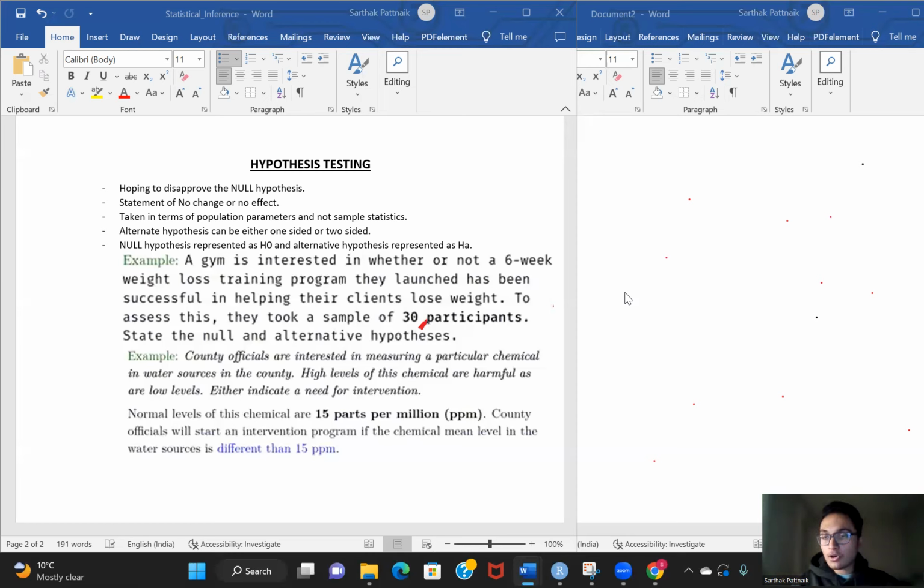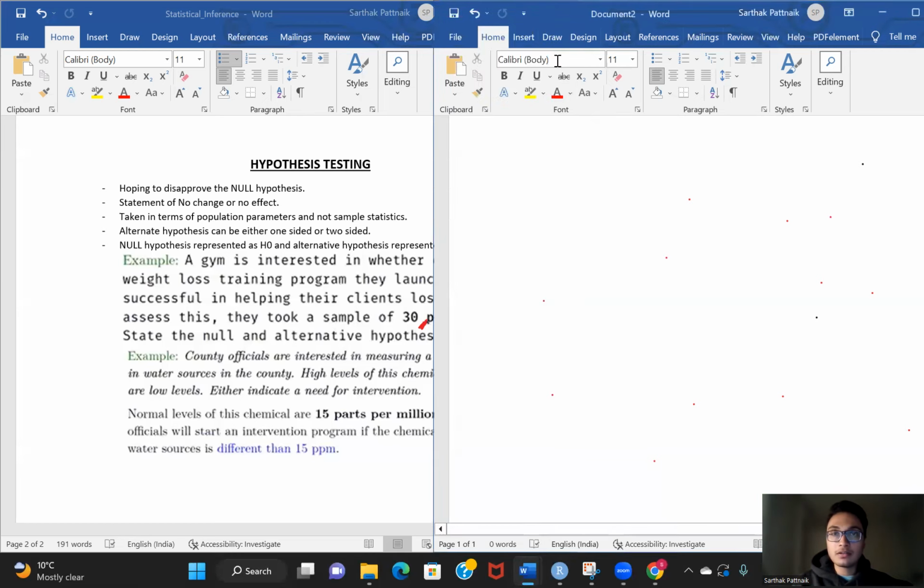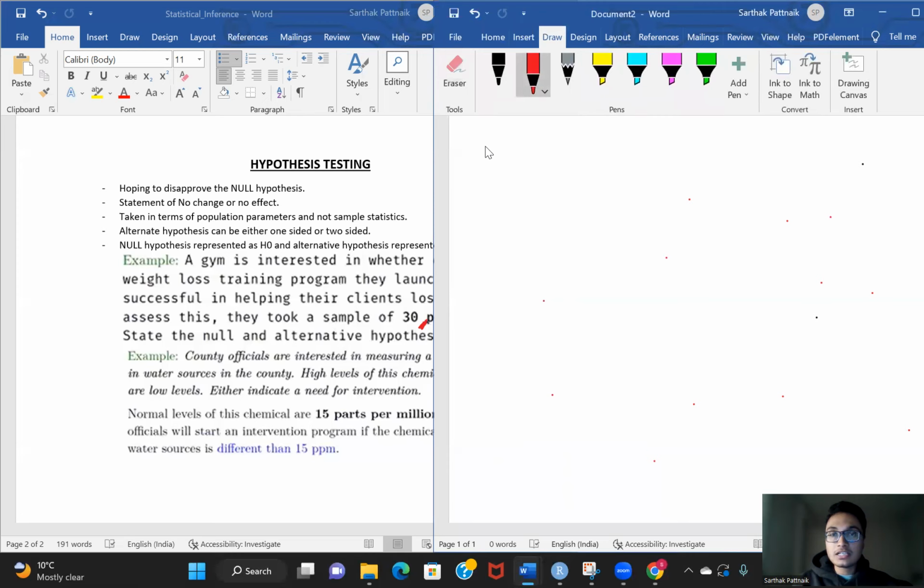So there are two key terminologies that we need to understand. As I said, there is an initial condition, and we need to go against the initial condition and find evidence against it. This initial condition is represented by H0, or it is also called the null hypothesis.